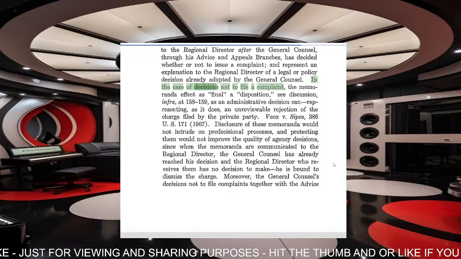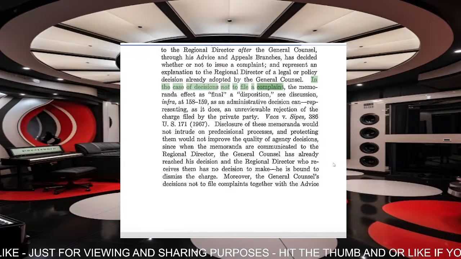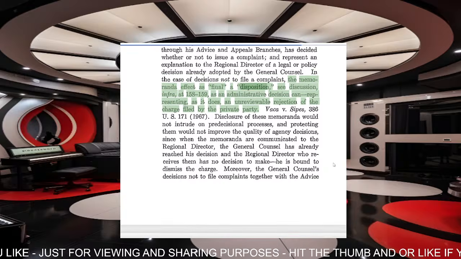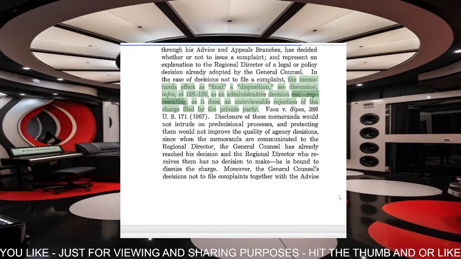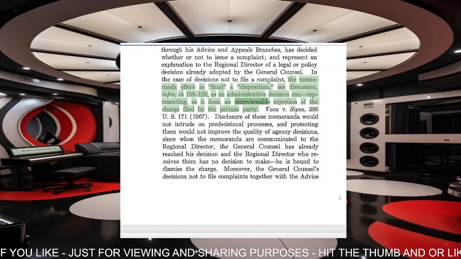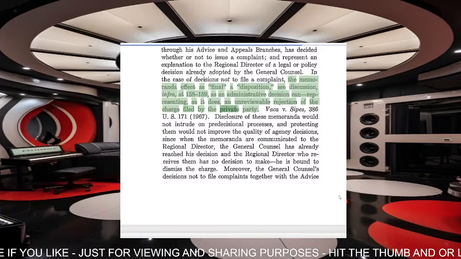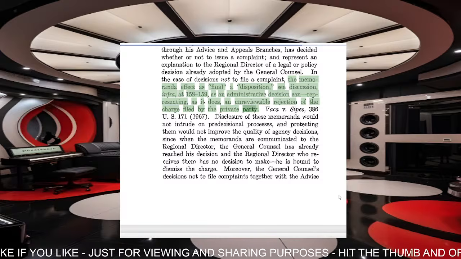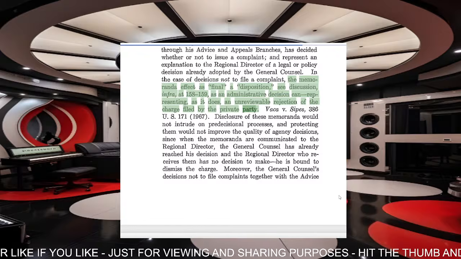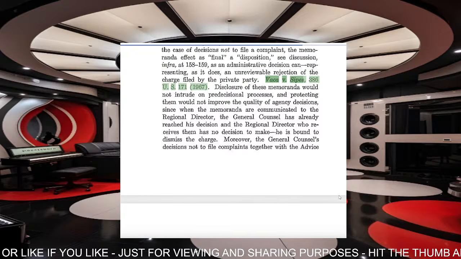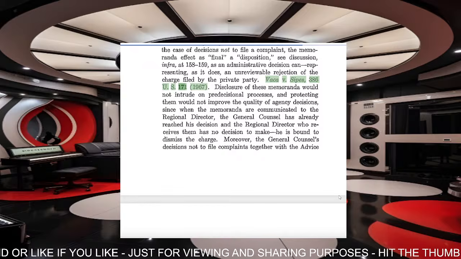In the case of decisions not to file a complaint, the memoranda effect as final a disposition, see discussion, infra, at 158 to 159, as an administrative decision can, representing, as it does, an unreviewable rejection of the charge filed by the private party. Vaca v. Sipes, 386 U.S.